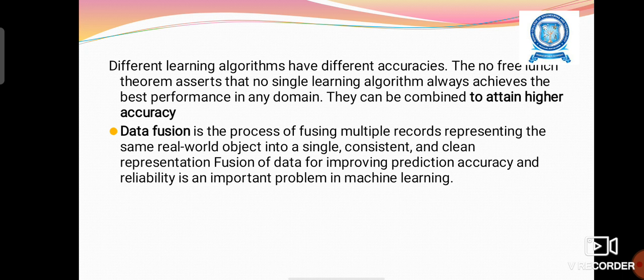Data fusion. One method is called data fusion. It is the process of fusing multiple records representing the same real world object into a single consistent and clean representation. Fusion of data for improving prediction accuracy and reliability is an important problem in machine learning.